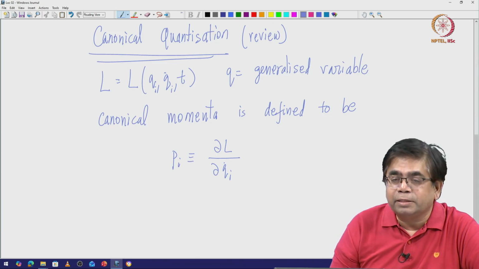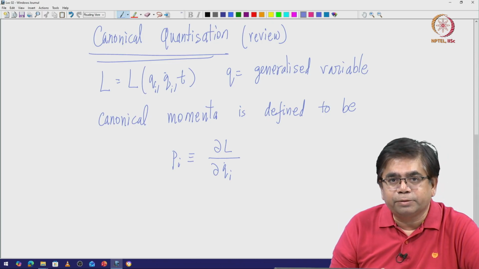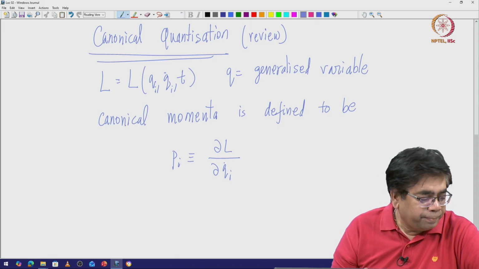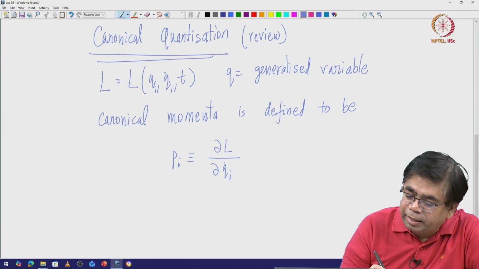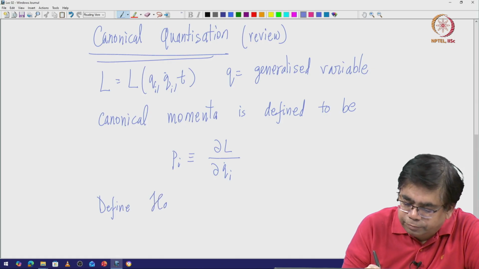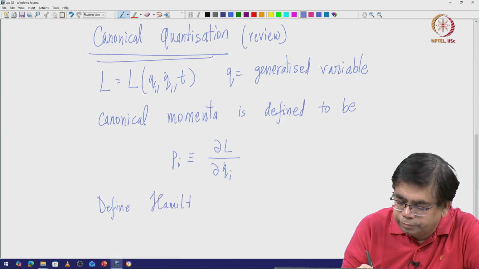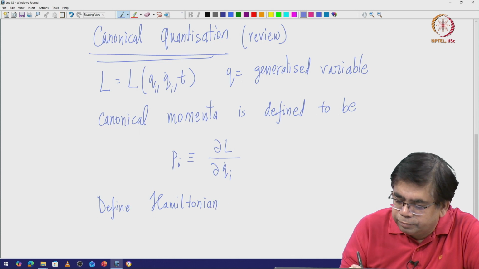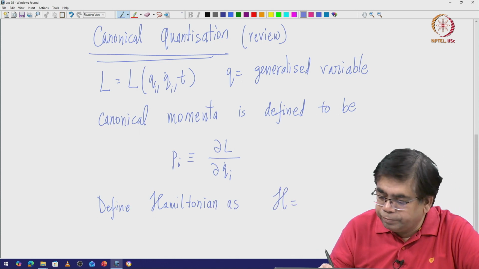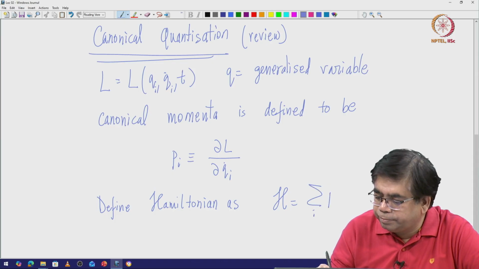Similarly you can have a large number of p_i's, as many as q_i's, and with this we define a Hamiltonian, the sum over i of p_i q_i dot minus L.